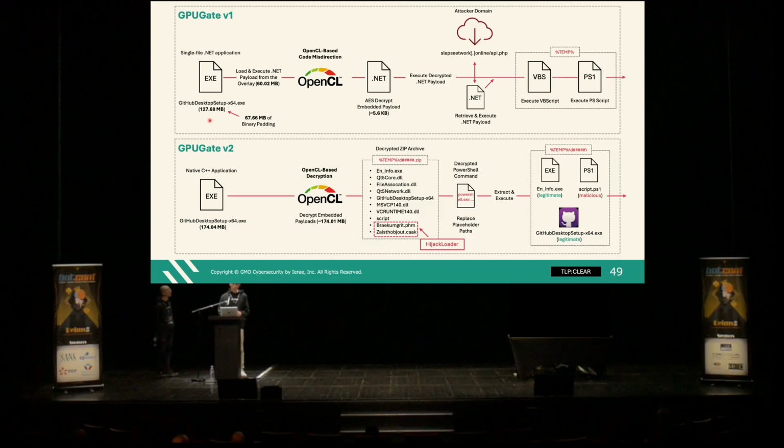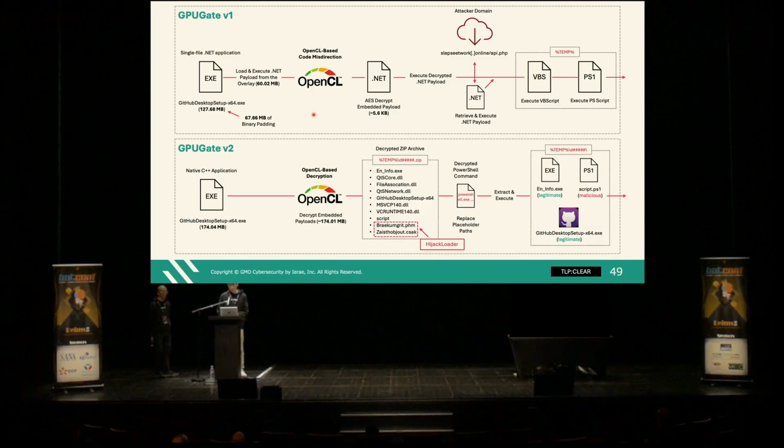Despite this large size, it doesn't actually contain the official GitHub Desktop installer. This is mostly just binary padding to imitate the size of the legitimate installer and make it a bit of a nuisance for sandboxes that limit the size of what you put into them.